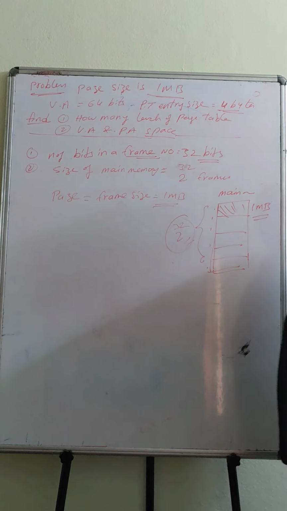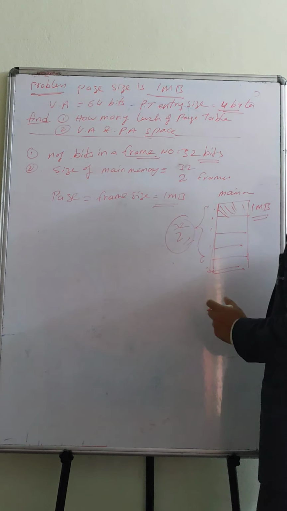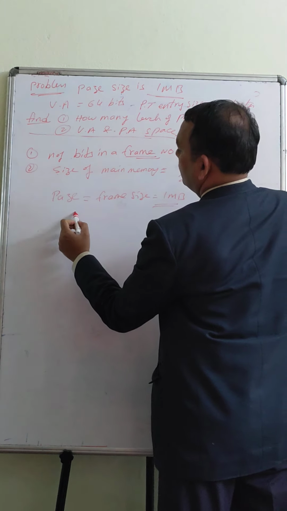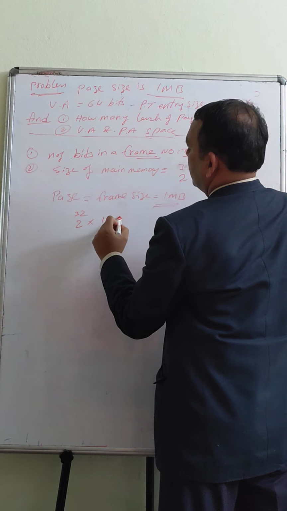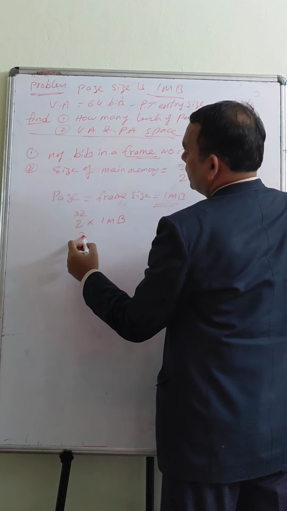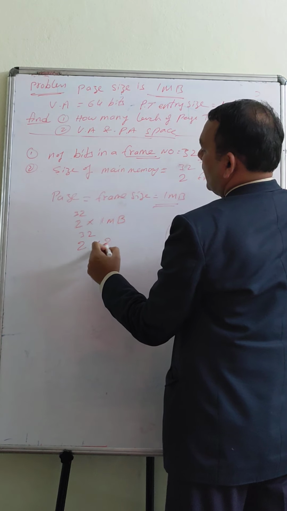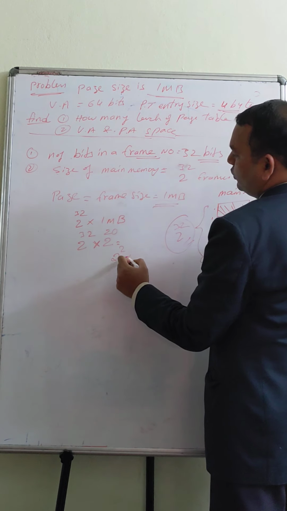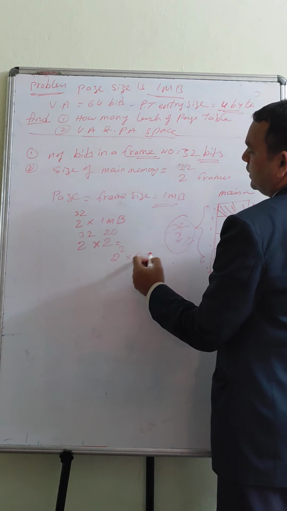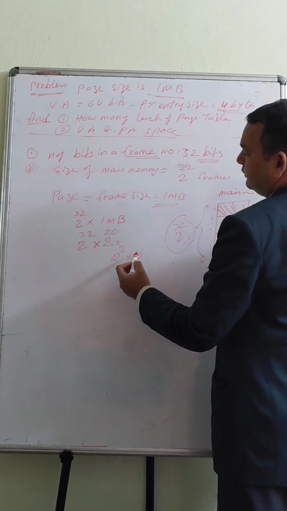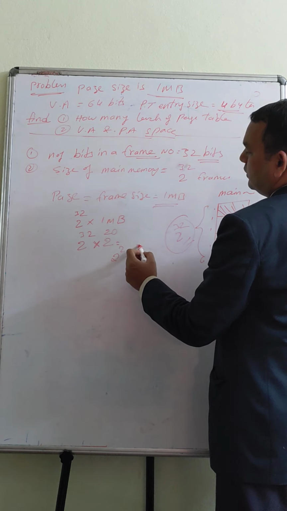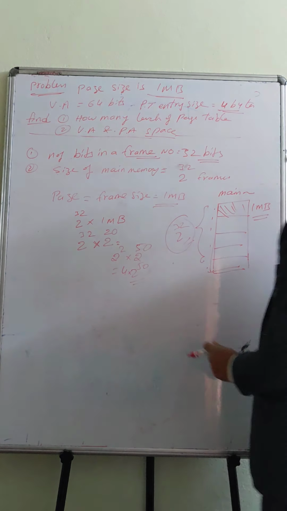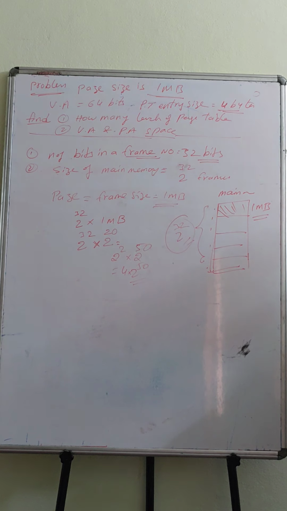Then the size of the physical memory is 2 power 32 into 1 MB. 2 power 32 into 1 MB means 2 power 20, which is 2 power 2 into 2 power 50, so 4 into 2 power 50.